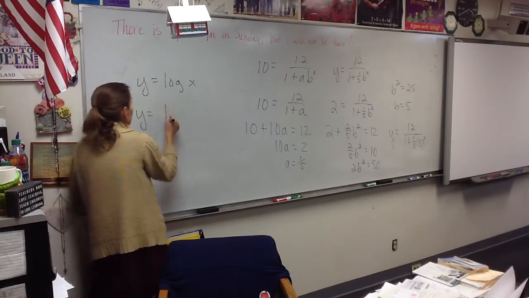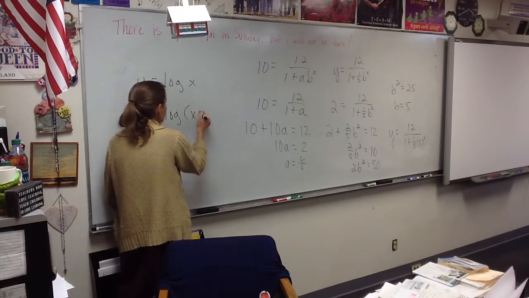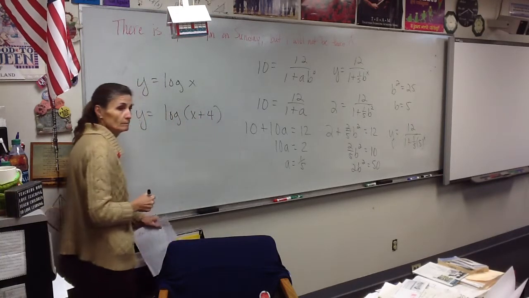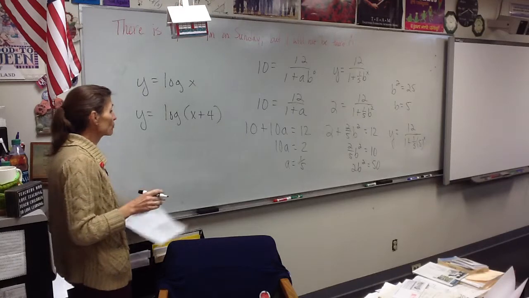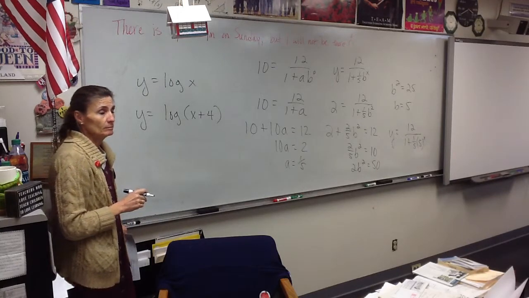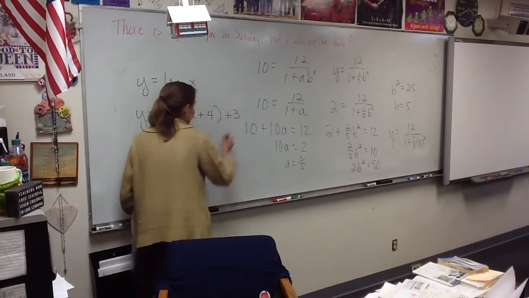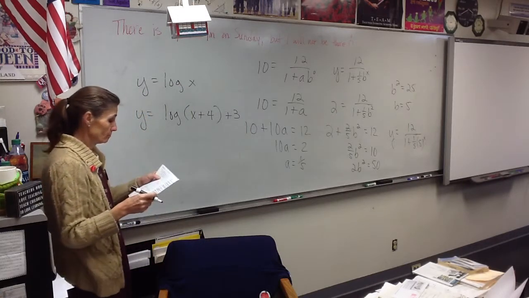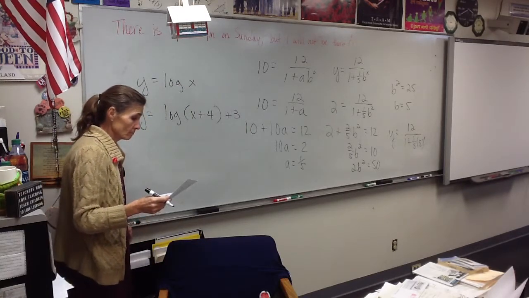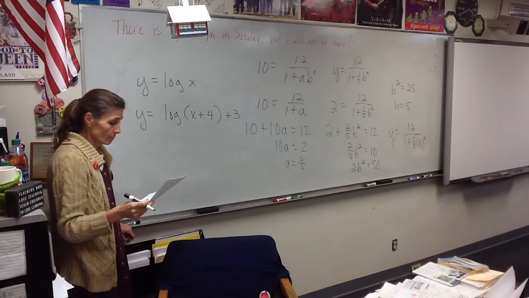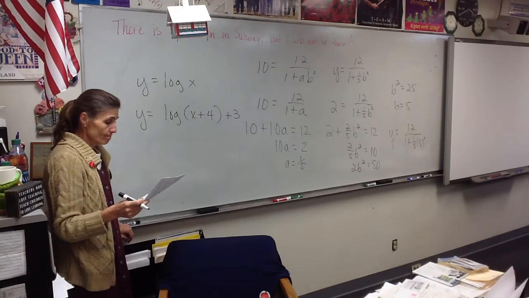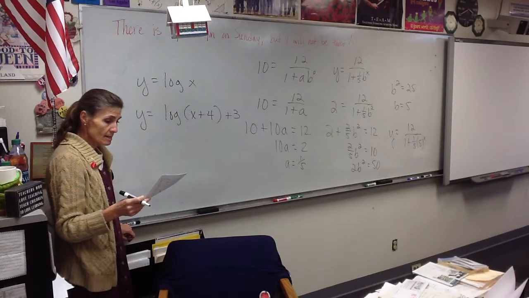So that would be log parentheses x plus 4. And 3 units up, plus 3. That's it. All right. Anybody see anything else?